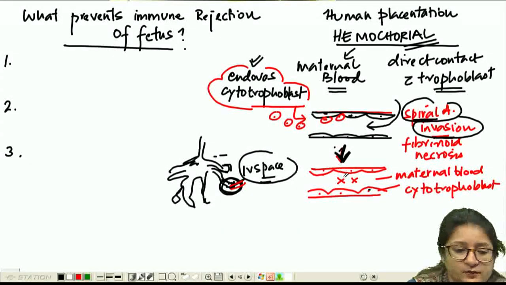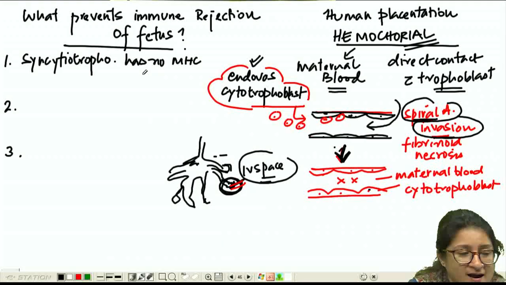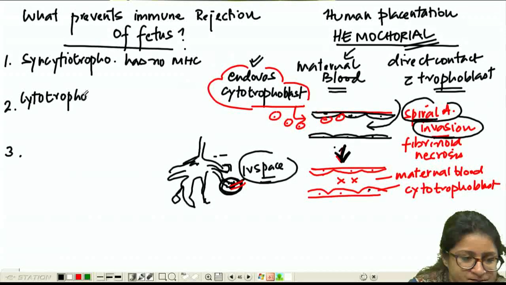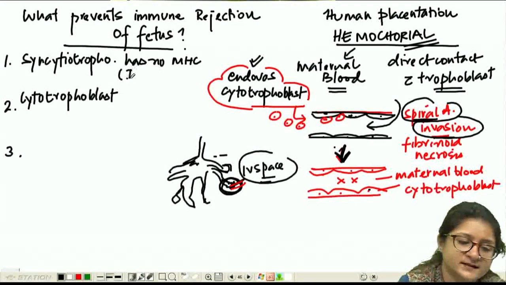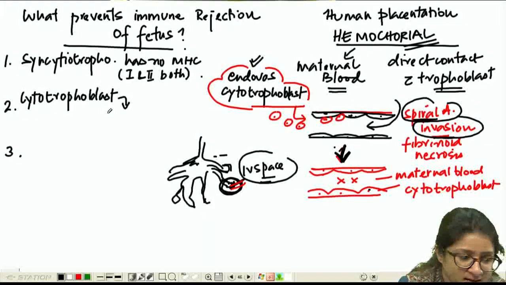Now what prevents immune rejection? Very importantly, remember that the syncytiotrophoblast has no MHC molecule, so it can't process antigens. Syncytiotrophoblast has no MHC type 1 or type 2, it does not have any. The cytotrophoblast, on the other hand, has no MHC type 2, so it cannot mount an antibody response.